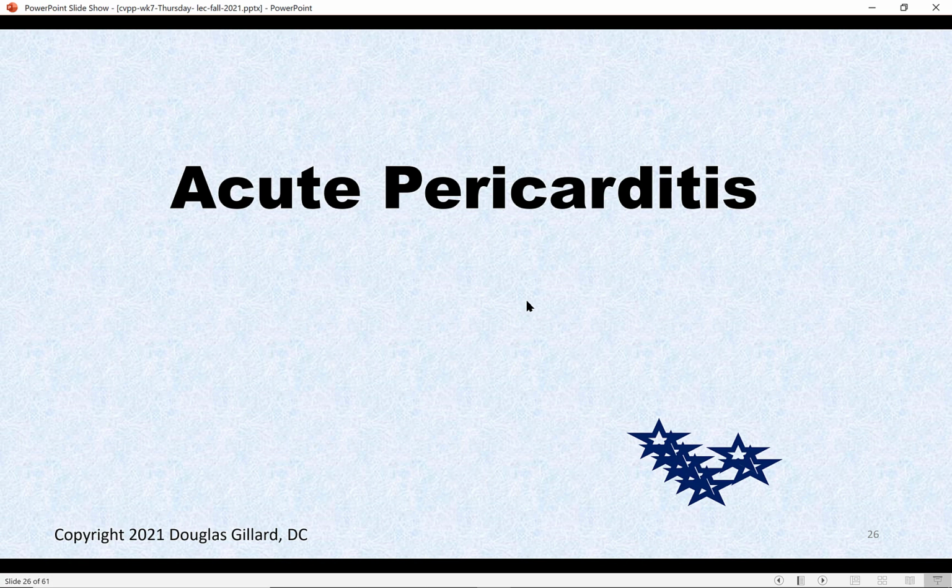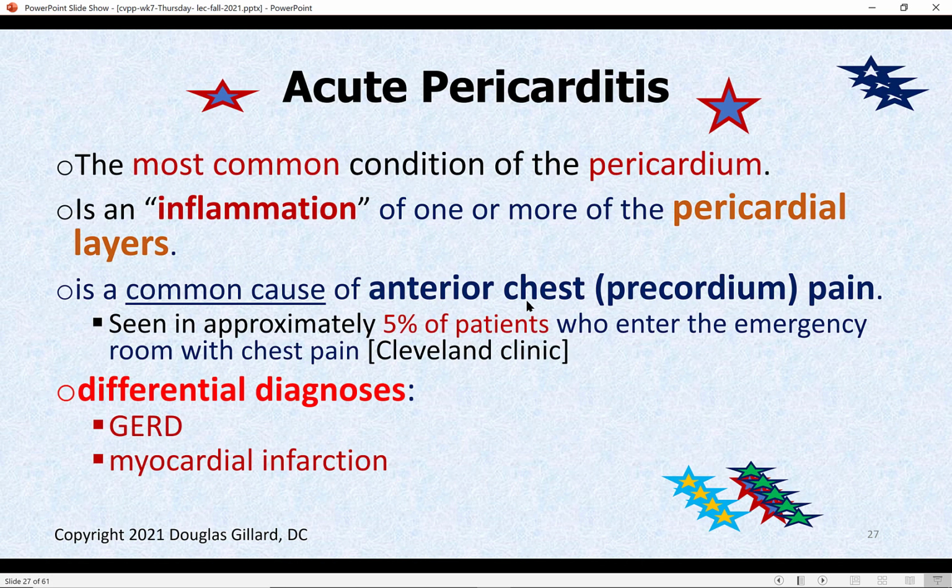So first we have acute pericarditis. So peri means around, card means heart, so pericardium is around the heart, itis is inflammation, so it's an inflammation of the pericardium. And it is the most common condition of the pericardium.